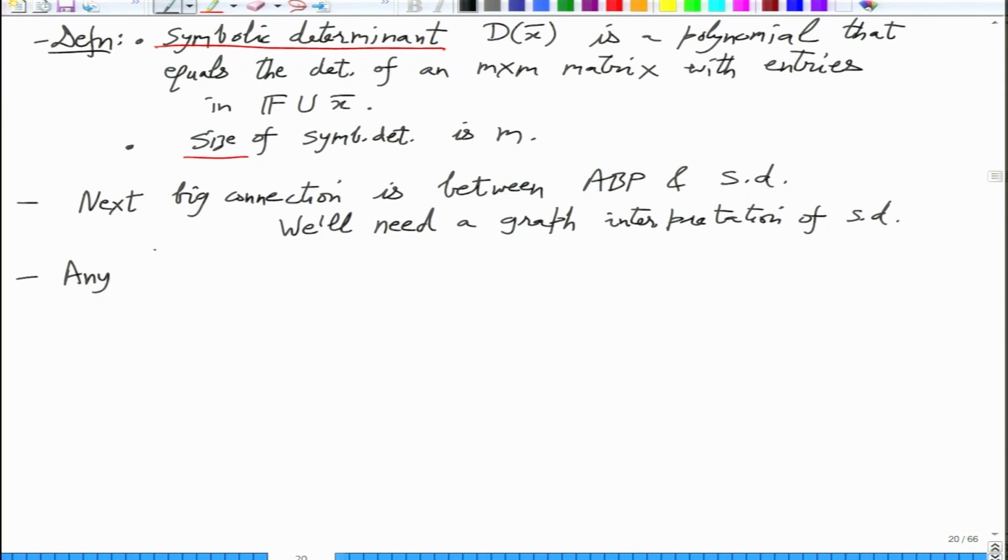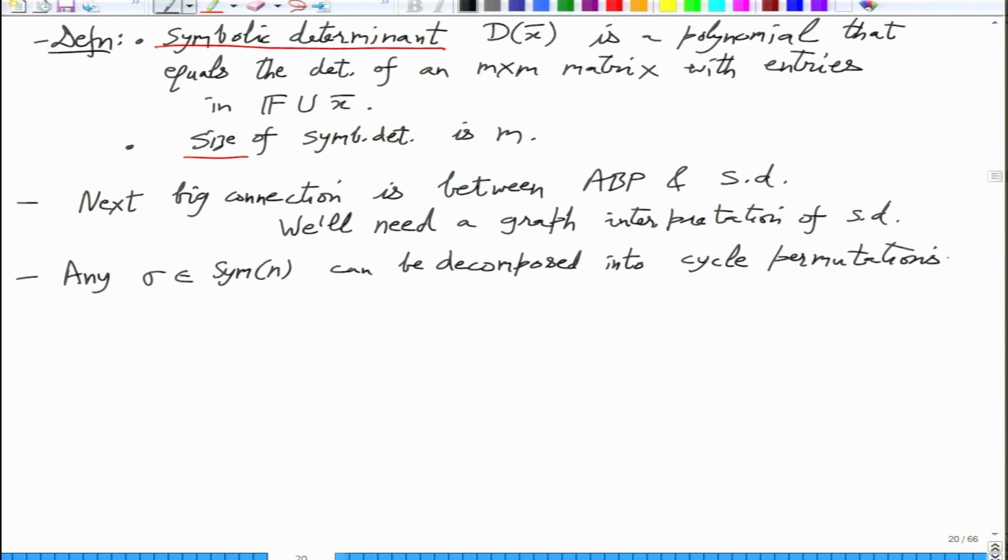So let us first make permutation graph friendly. Any permutation on elements 1 to n can be decomposed into cyclic permutations, right? Instead of showing this for a general permutation, let us just see an example, because that is enough to understand.